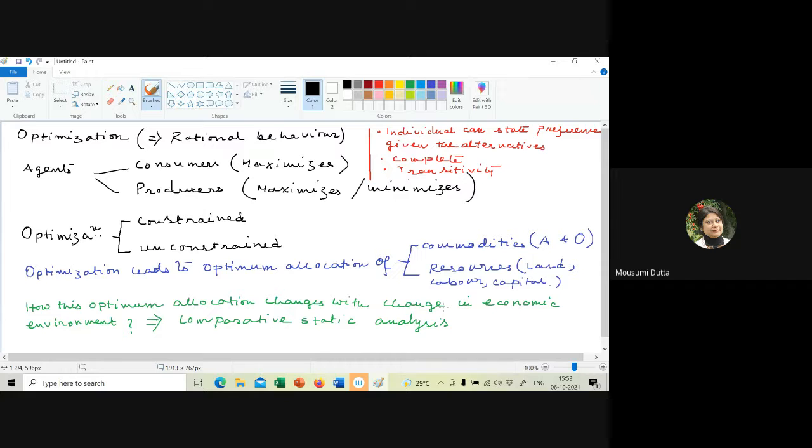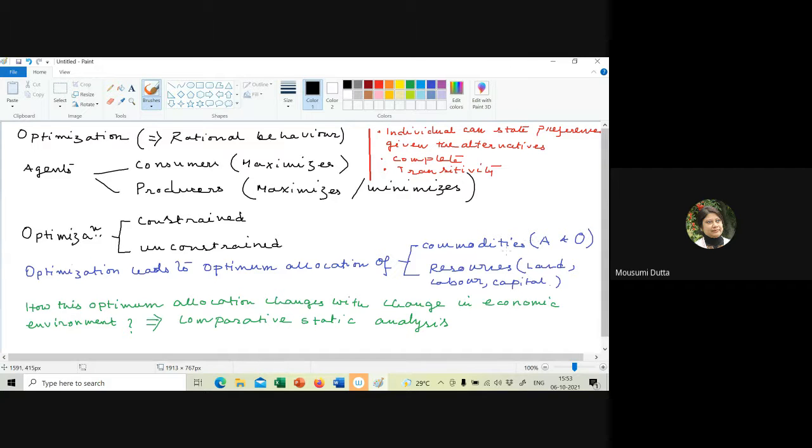So finally, when all the agents in the economy either maximize or minimize, in other words, they optimize, naturally, if we think about the allocation of commodities and the resources, that allocation will be by default an optimum allocation, because everybody is behaving optimally.